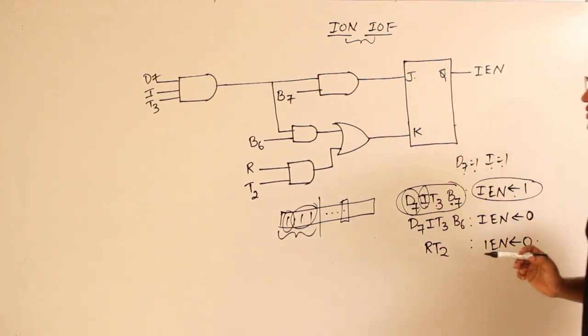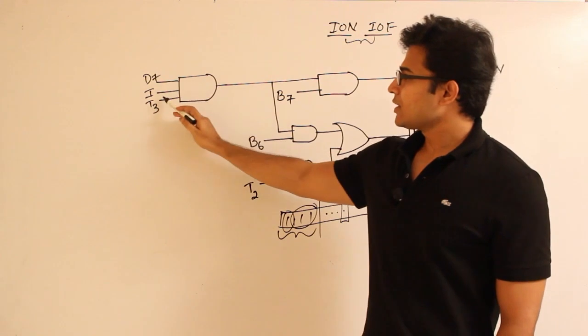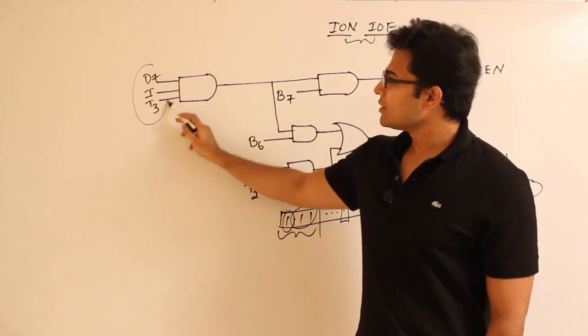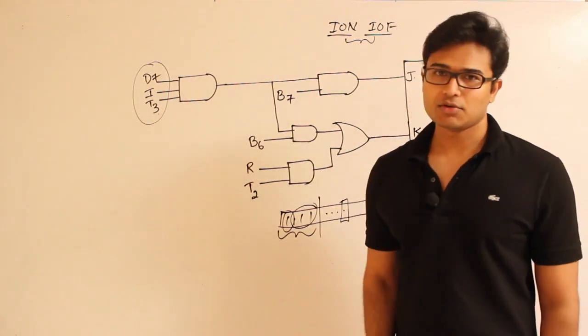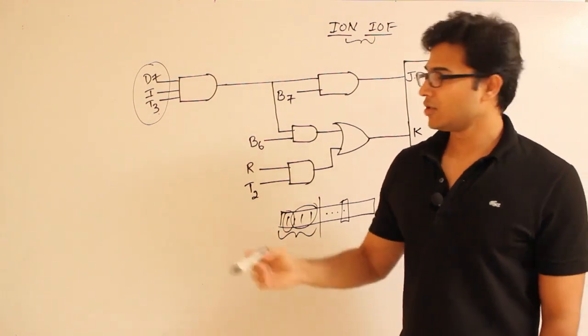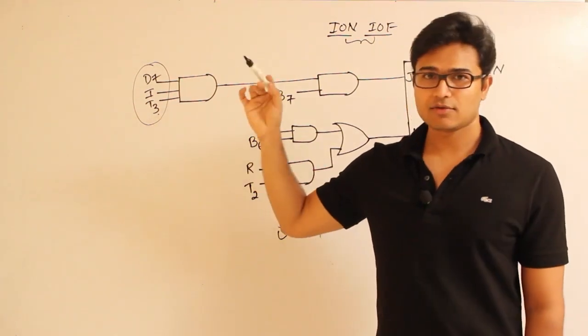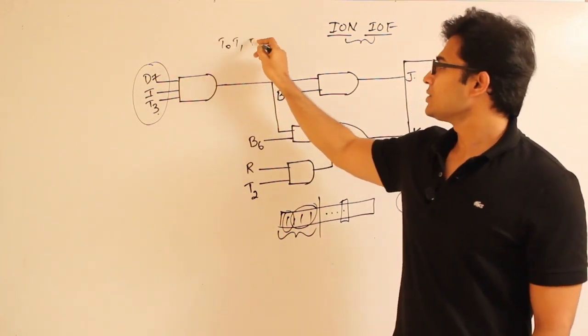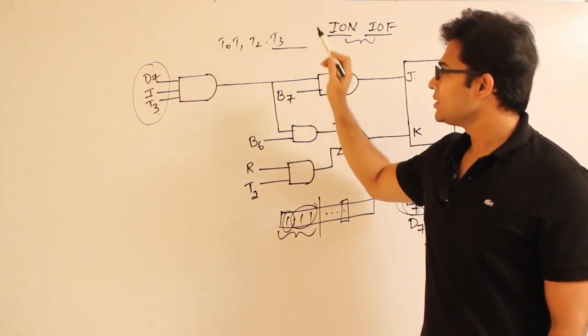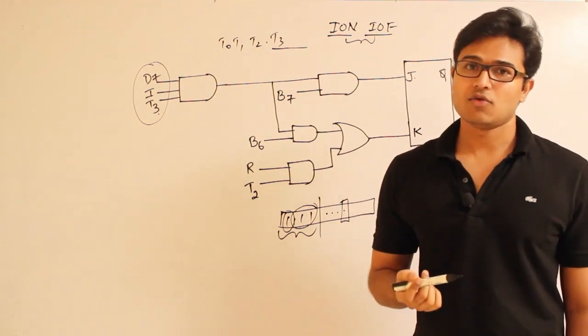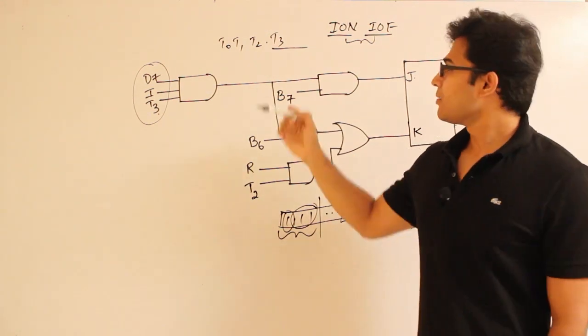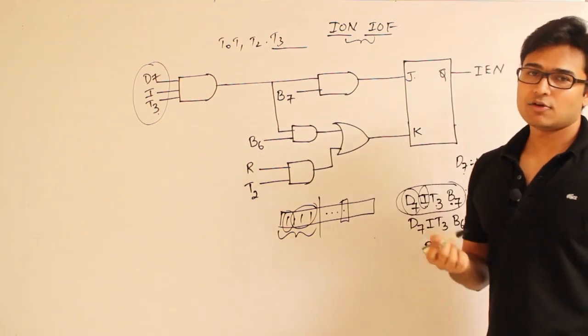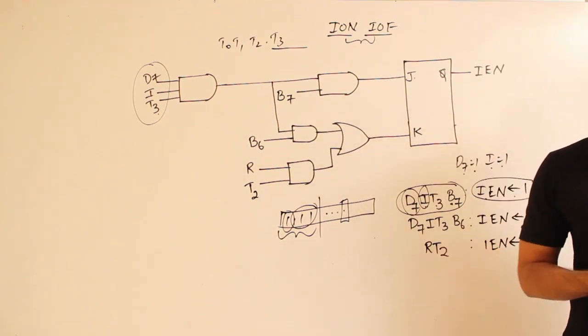Now how to do that? D7IT3 says that it is an IO instruction and you are trying to execute it. How can you know that it is execution? Because T3 means execution in case of IO instructions. T0, T1 is fetch, T2 is decode, and from T3 it is execution in case of IO and register reference instructions. But T3 is finding the effective address in case of memory related operations.